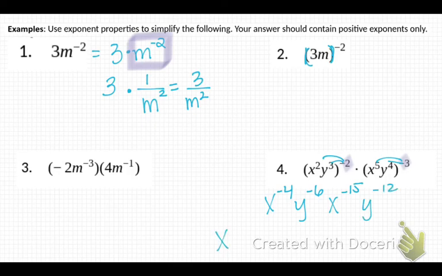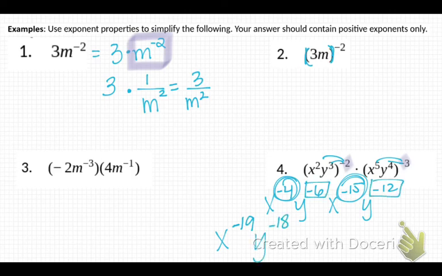I have x to the negative what power? I have negative 4 and negative 15 is negative 19. Negative 6 and negative 12 is y to the negative 18. And how do I write that with only positive exponents? 1 over x to the positive 19, y to the positive 18, okay?